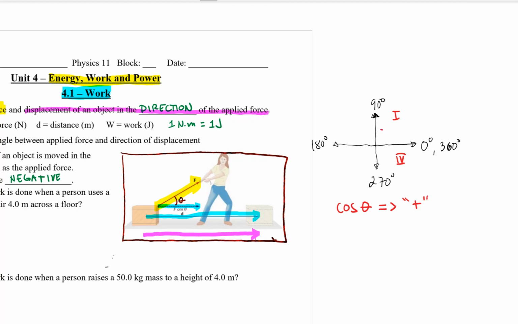So any angle here and here, in the first and the fourth quadrants, cosine theta is positive.